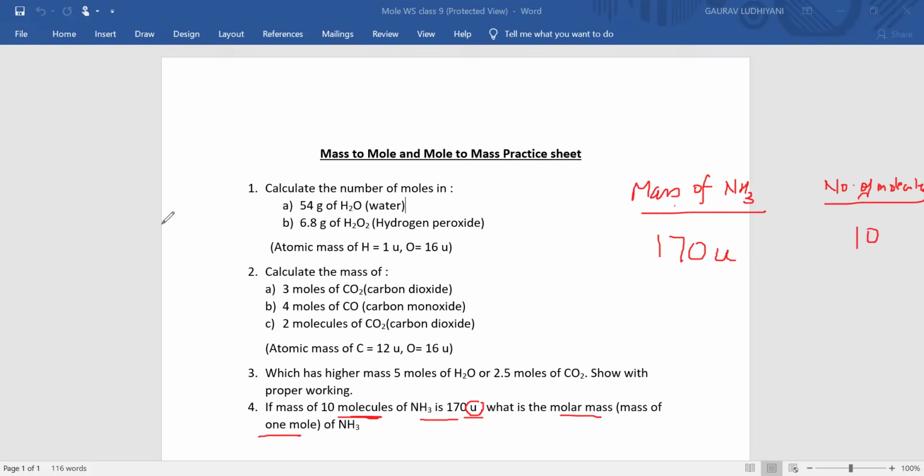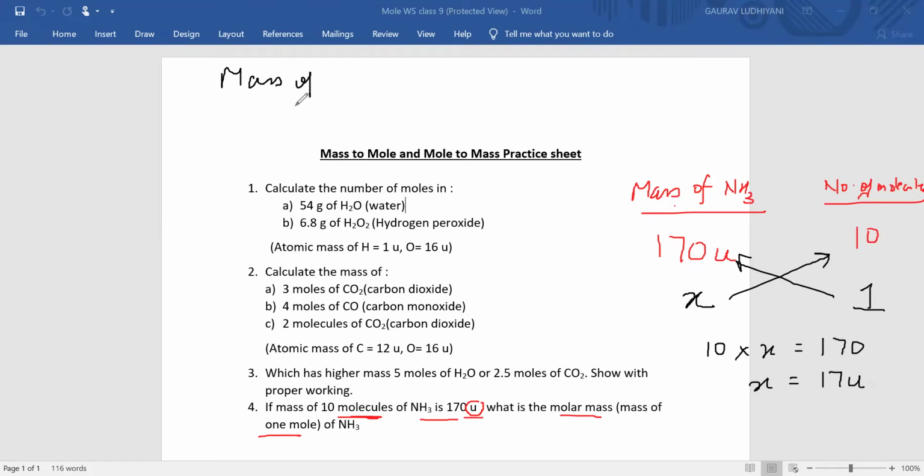I believe in the unitary method, so I'm applying that. As I have been laying emphasis, the mass for one you can always calculate. So over here also I'll calculate the mass of one molecule. Let's say it is X. Cross multiply. It comes out to be 10 times X equals 170. So X comes out to be 17 U. This is the mass of one molecule.